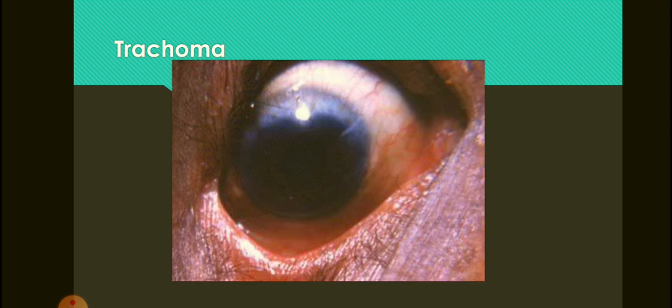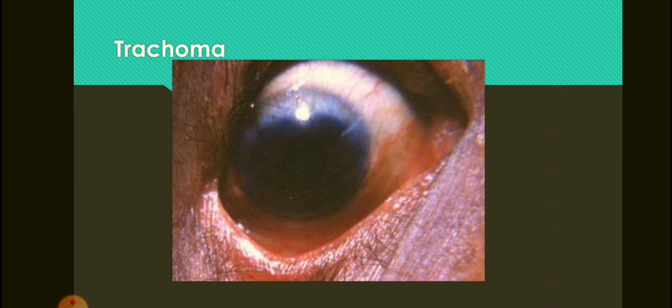Now let's move to another conjunctival disorder, that is trachoma. Trachoma is a chronic inflammation of the conjunctiva and the cornea, which is characterized by the presence of follicles, and where papillary hypertrophy of the conjunctiva can be seen.